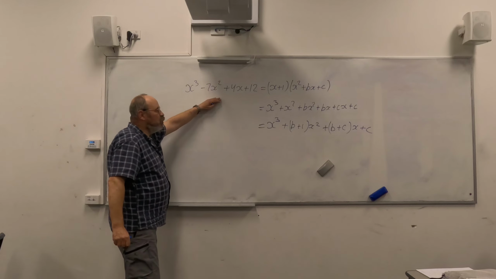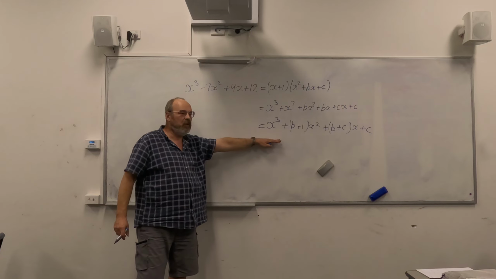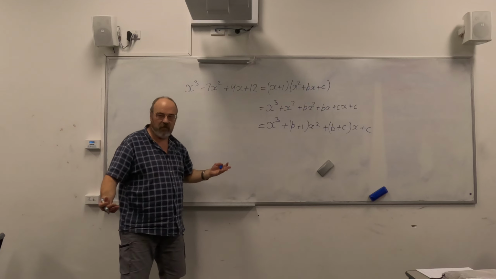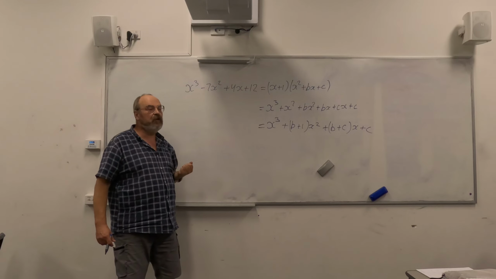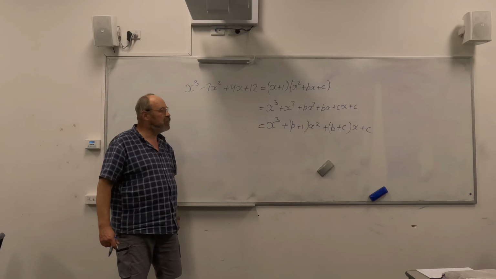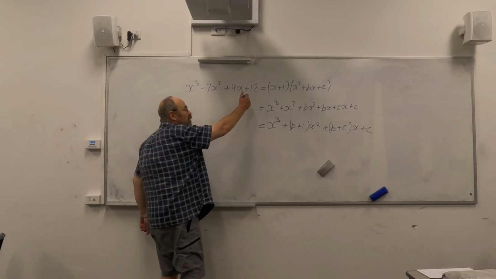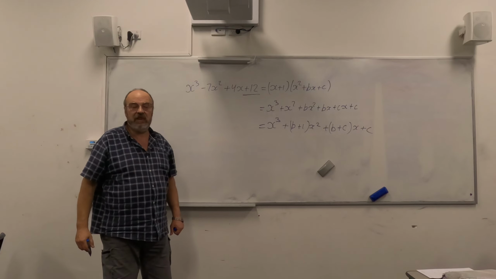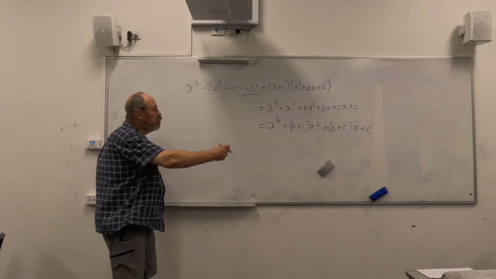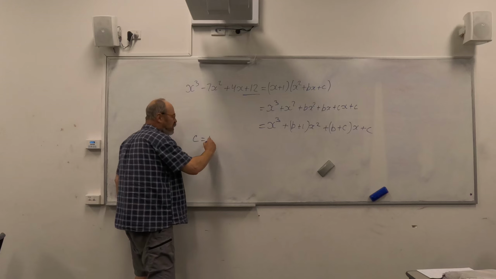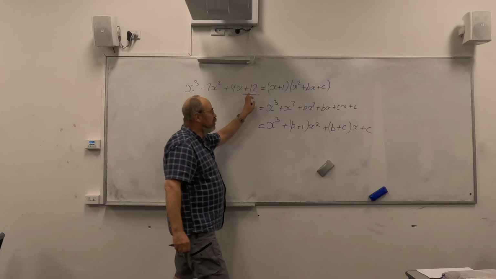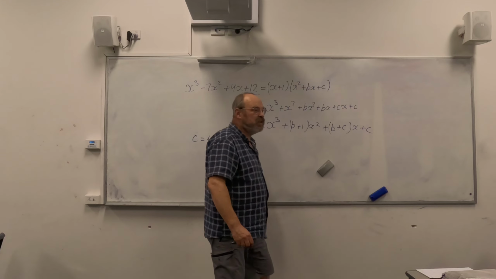As this polynomial equals this polynomial, they have the same degree, fine. And now the coefficients of the same powers must be the same. Let's start from the constant term. They must have the same constant term, so c equals 12. For them to be equal, the constant term must be the same.